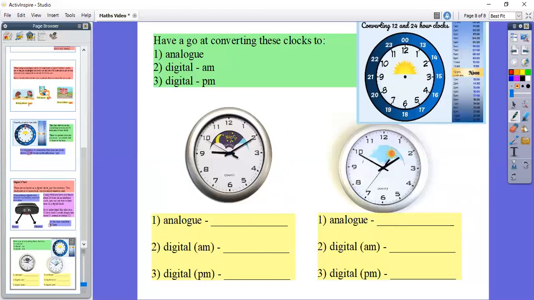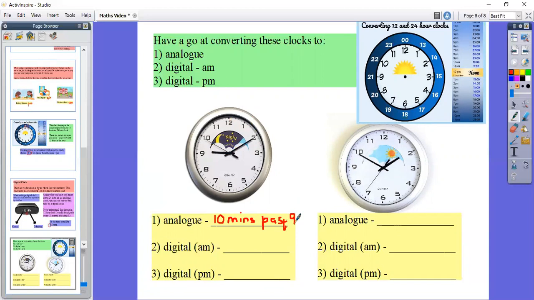Okay, so I can see my minute hand is on the 2, so it means it's 10 minutes past, and my hour hand is on the 9, so this is 10 minutes past 9. I'm just going to write mins past 9.